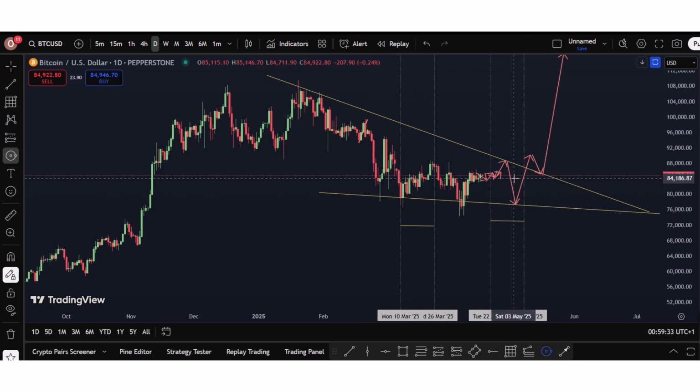A lot of people would think that Bitcoin is going back to zero. Then it will come and break. You see this? This is a buy zone. This might happen in May, June, if this chart goes like this. Let me make this green.